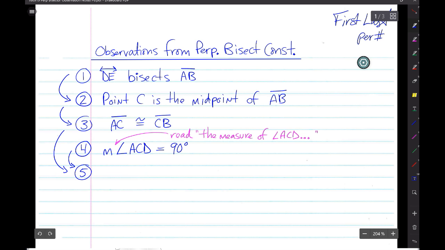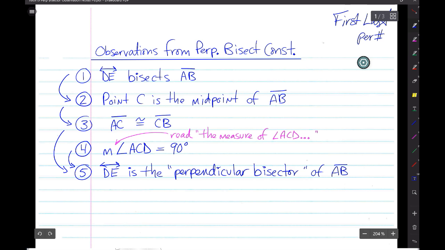And the statement is this. Line DE is the, and we're going to put this in quotes, perpendicular bisector of segment AB.